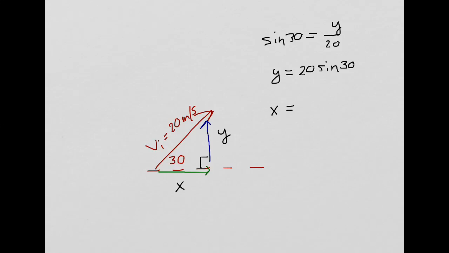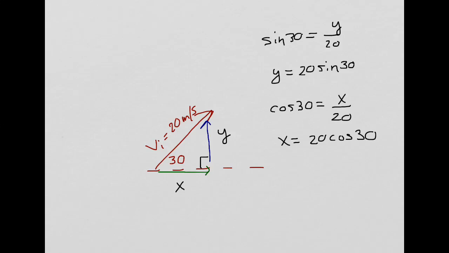I'll set up the trig function first. So we would do cosine of 30 equals adjacent, which is x, over hypotenuse, which is 20. So solving for x, we get x equals 20 cosine of 30.